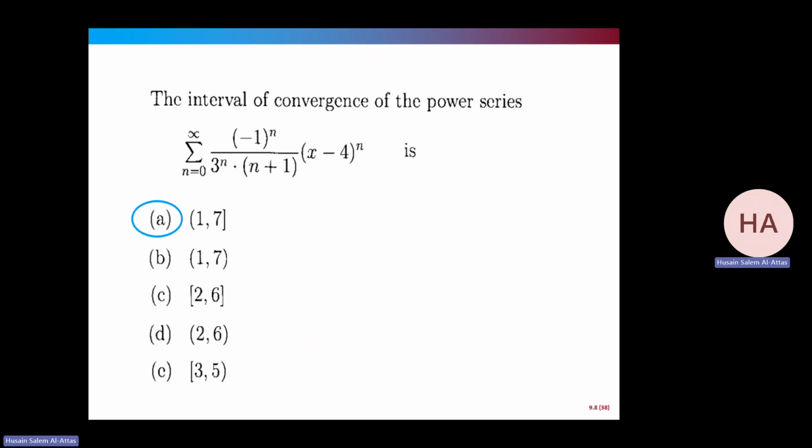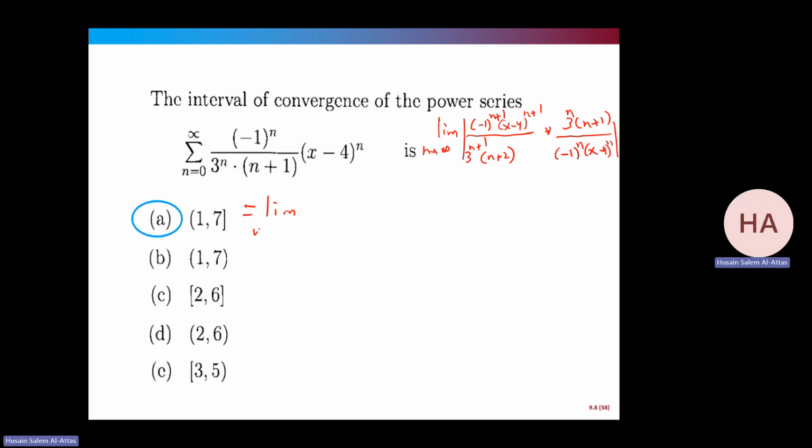The interval of convergence of this one, do the same. First, I find the limit, with n plus 1. Let me do it. 3 to the power n plus 1. I change everything into n plus 1. (x minus 4) to the power n plus 1, let me make it the numerator, times the reciprocal of this. Now I can figure it out.